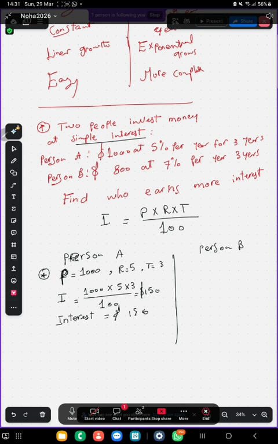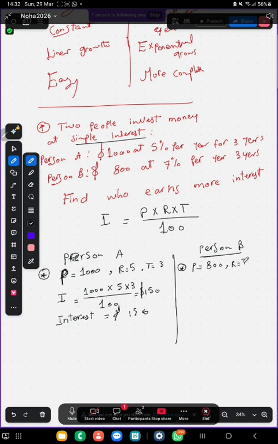So that's person A. Now, could you try to get person B? First, select the data. So P is equal to 800, R is equal to 7, and T is equal to 3. I is equal to 800 times 7 times 3 over 100.